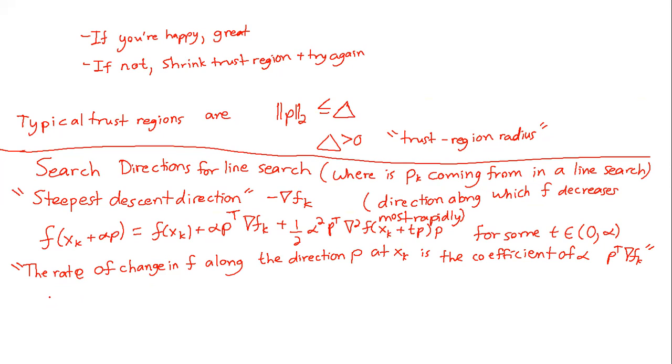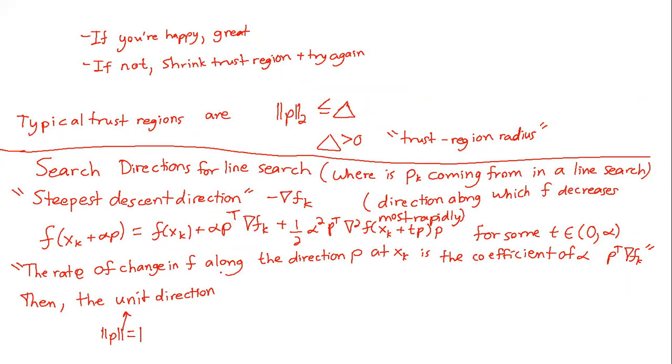But if this is true, that the rate of change of f along the direction p at xk is the coefficient of alpha, then the unit direction, note that they say here the unit direction, so it will be the direction where the norm of p is equal to 1.